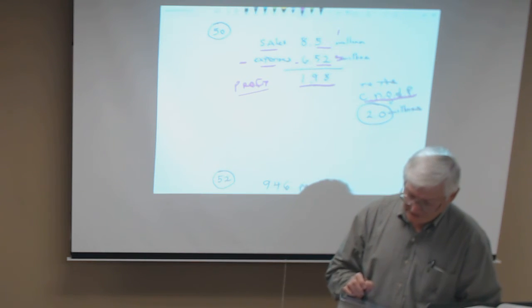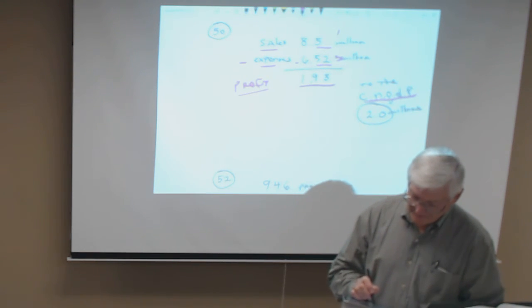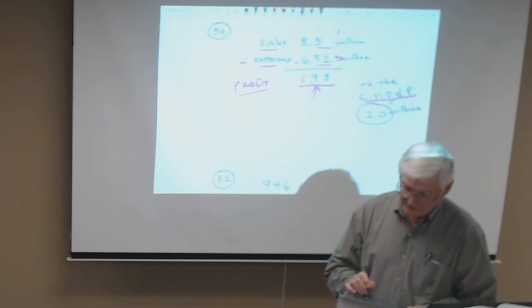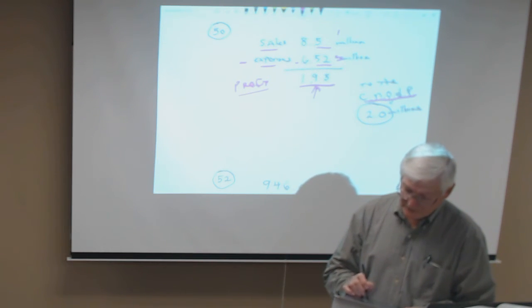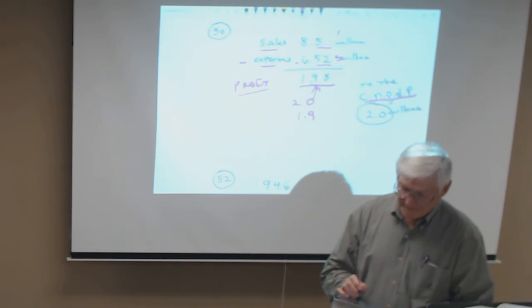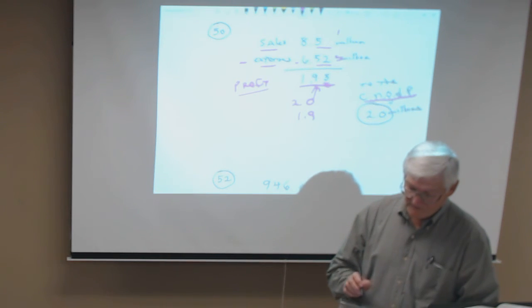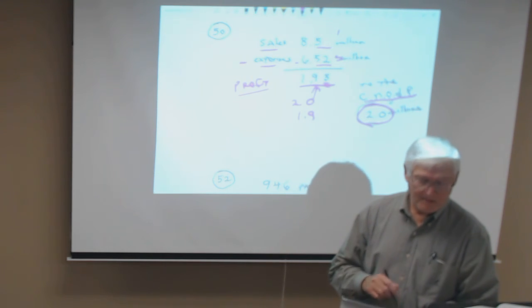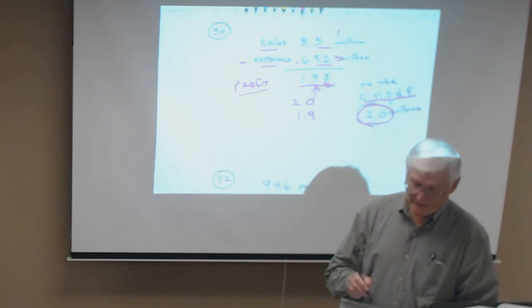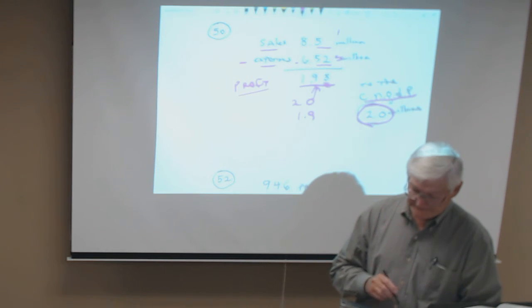So how many in my answer? 1. So to the nearest, do I leave this as 1.9 or do I make it 2.0? Because this is an 8, what do I do? Everybody see where I make it 2.0? Do I leave it 9 or do I go up one more? And one more would be 2.0. And it's 2.0.